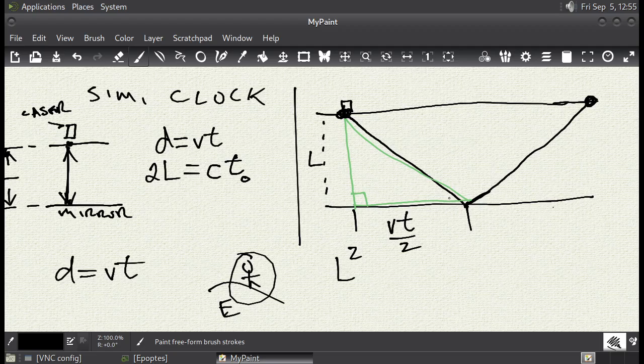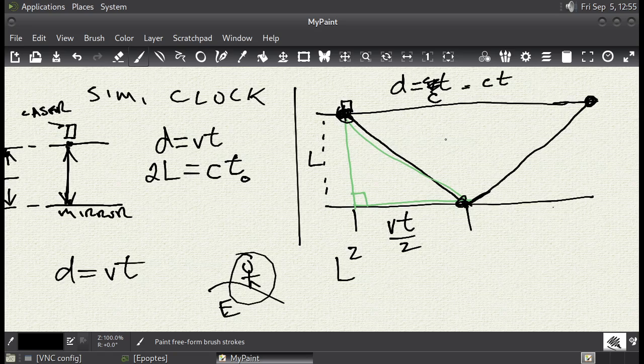Now, the question is, what about this distance here along the hypotenuse from here to here? Well, that's the path of the light. And the distance that the light travels is, again, but now it's not v anymore, it's c.